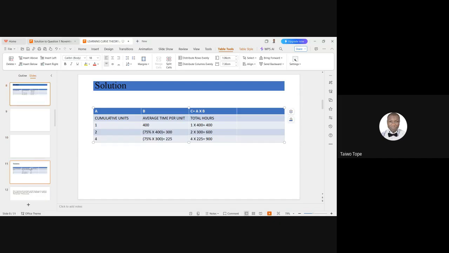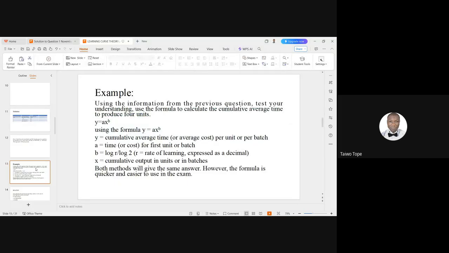Now, let's move further. Using the information from the previous question, test your understanding by using the formula to calculate the cumulative average time to produce 4 units.